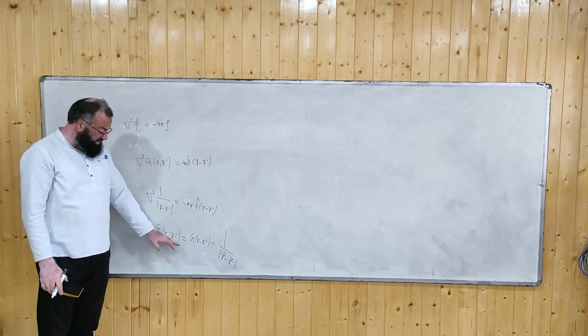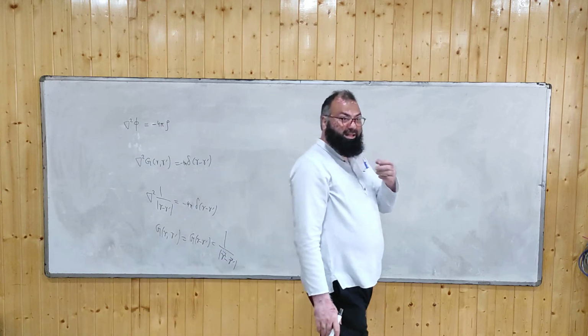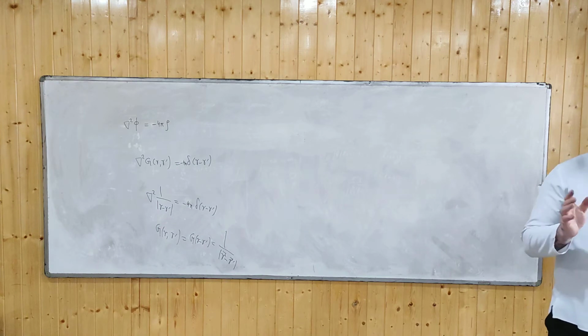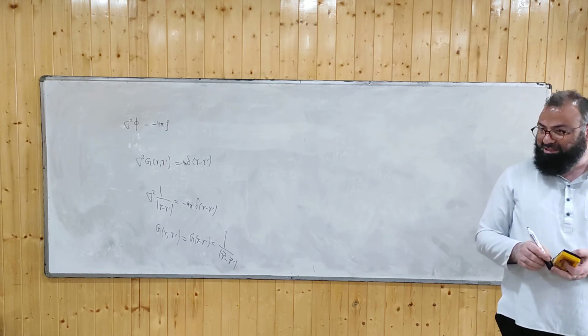So is this a translationally invariant system? When you have the coordinate of one point and the coordinate of another point, and the function depends on the difference between the two, that means it depends on the distance.